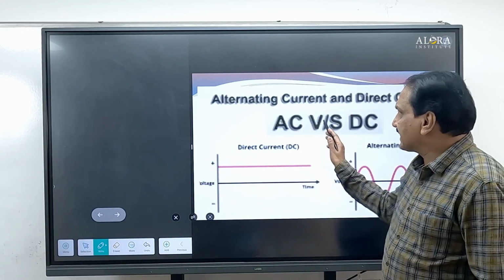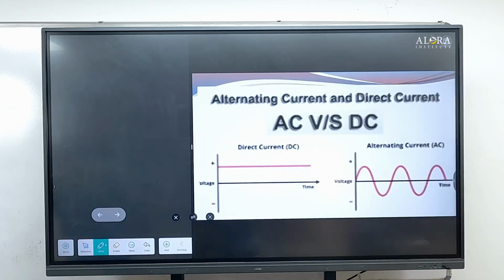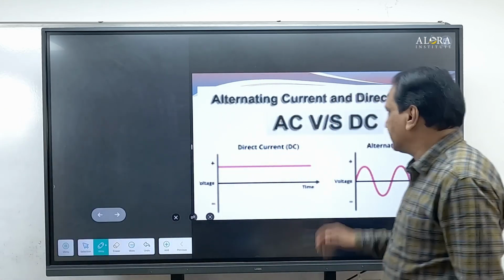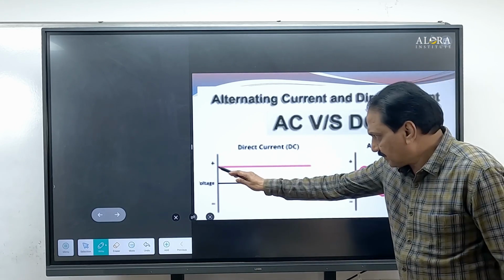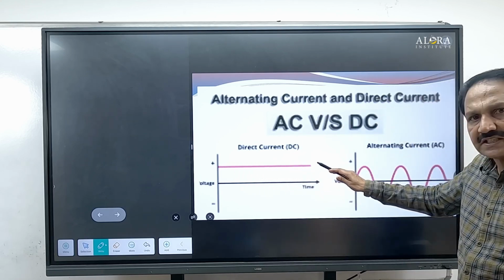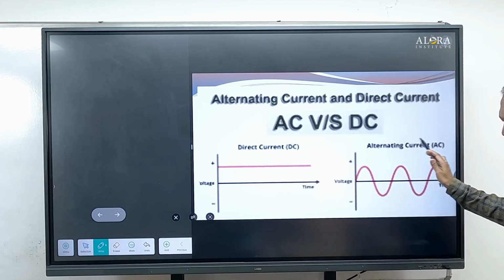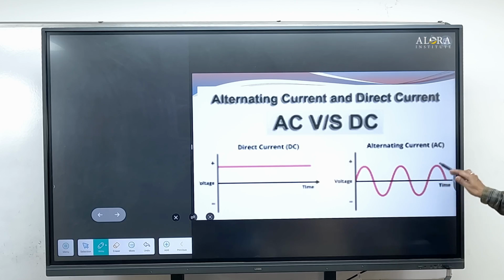What do you mean by AC? Alternating current or alternating voltage. DC means direct current or direct voltage. In DC, the voltage or current strength is constant. In alternating current or voltage, it continuously changes. Look at the waveform here.